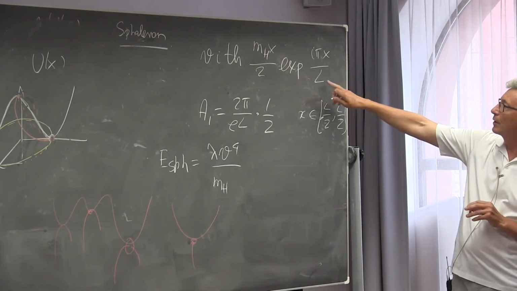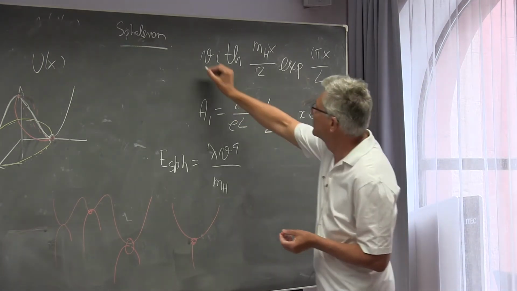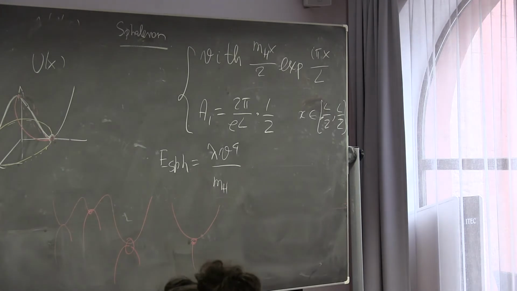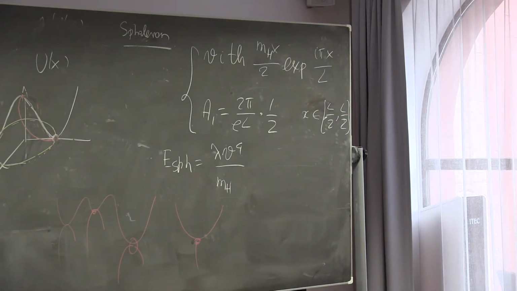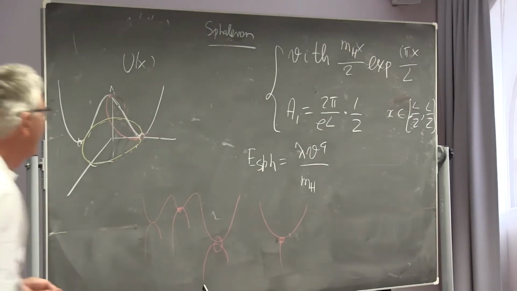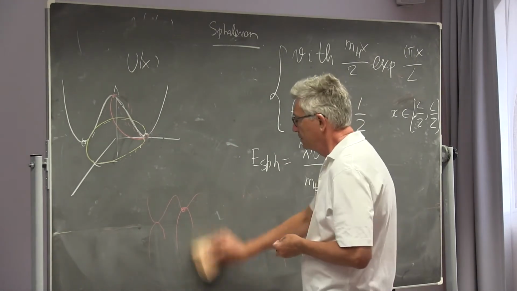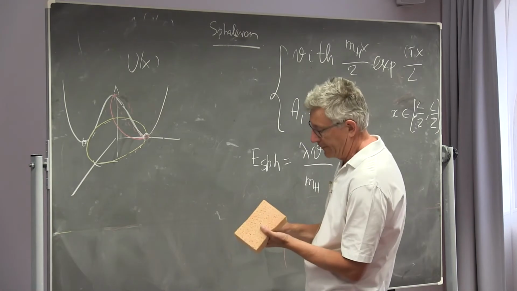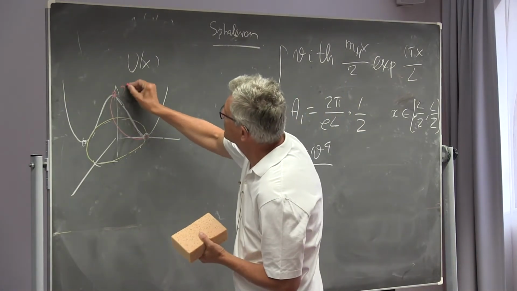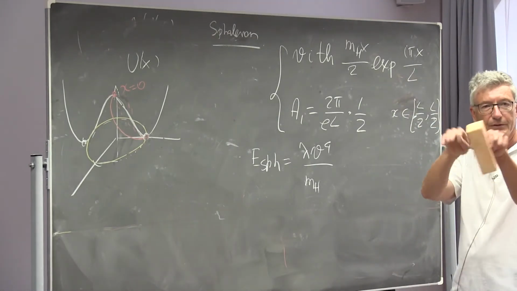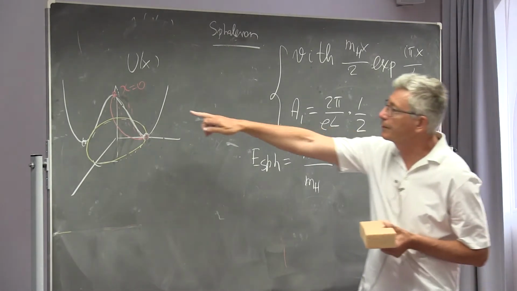You want to depict the red line with that solution? Yes. So this point corresponds to x equal to 0. I want to put the center of the sphaleron at x equal to 0.